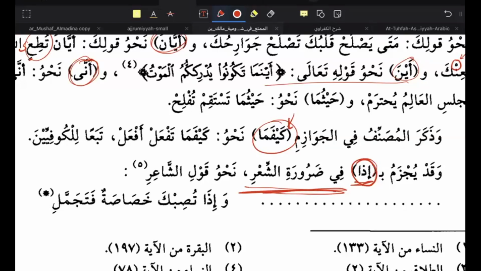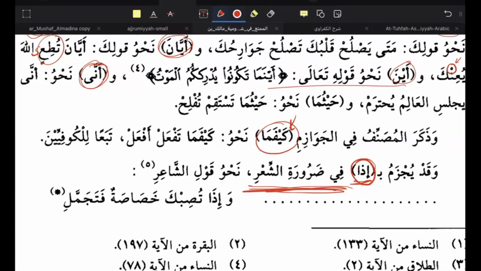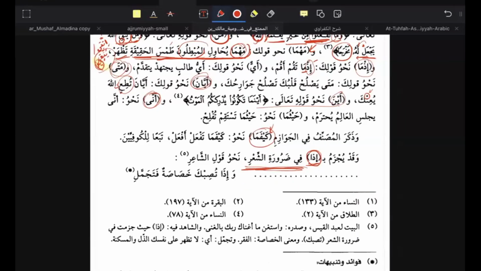They call it dururat shi'r, because sometimes when poets make poetry, it is a necessity for them to use certain things and break some rules. Okay, so they're saying in some cases either can work just like that and come into present tense verb and then make it majzum. But by and large, whatever I mentioned to you, just know that for now you will be fine.